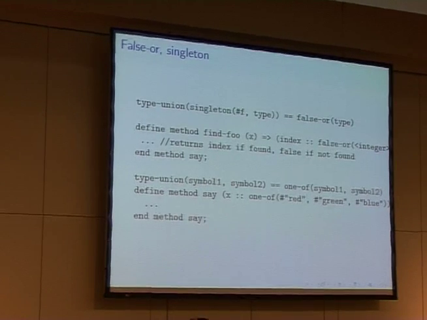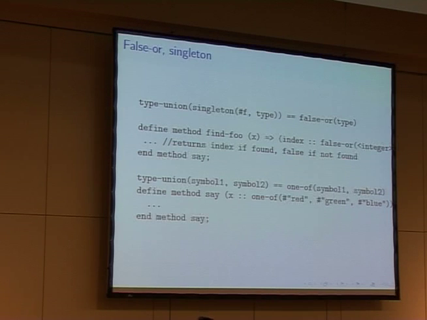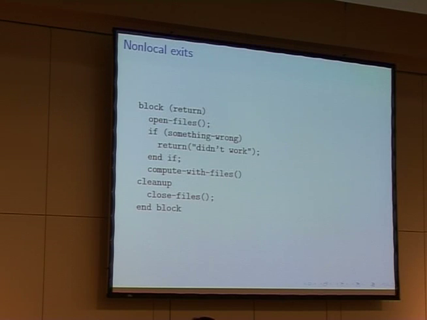But you sometimes have cases where you want to return all possible values of integers and still want to be able to signal, I don't know, haven't computed that yet. In that case, you can use a type union with false, for instance. So you can say, my function returns an integer or false, and that's also a type in Dylan.